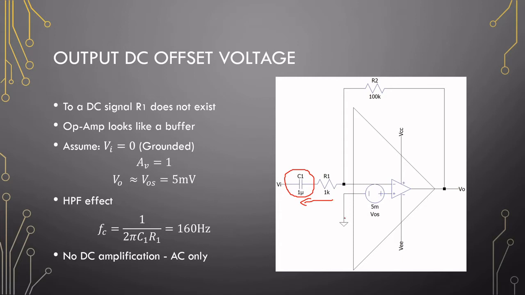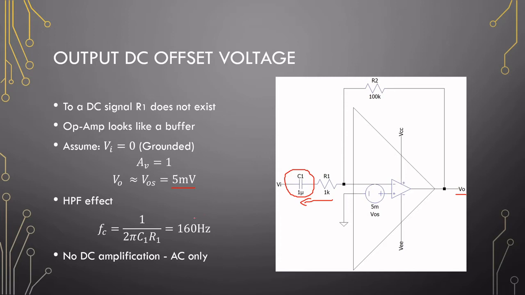So for this 5 millivolts as an offset, this amplifier configuration looks like a buffer. This 5 millivolts will be sitting on Vout only. Instead of amplifying this 5 millivolts by 101, it is just placed at the output, so from 505 millivolts to 5 millivolts.